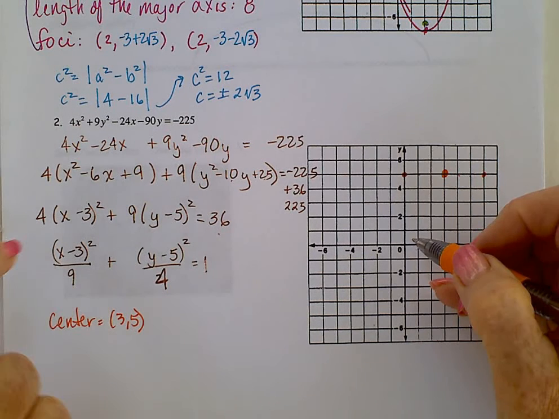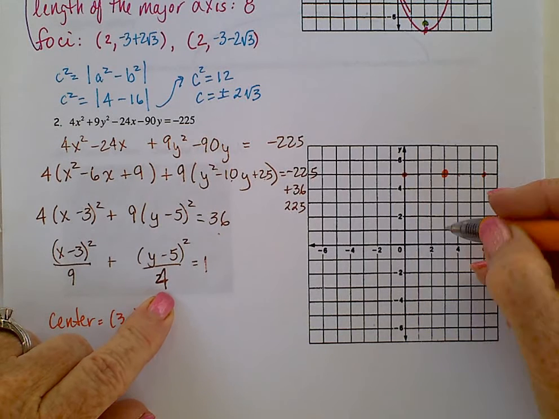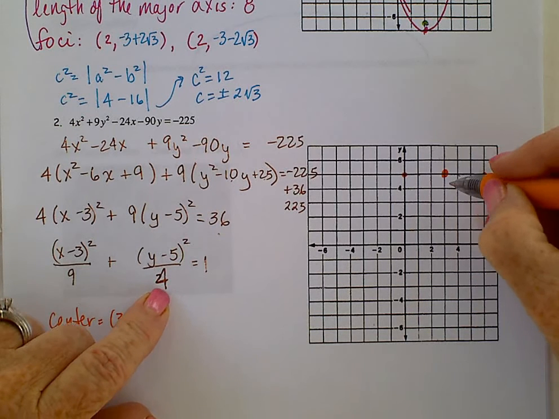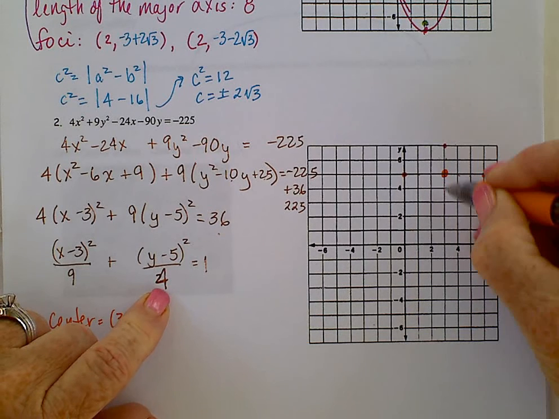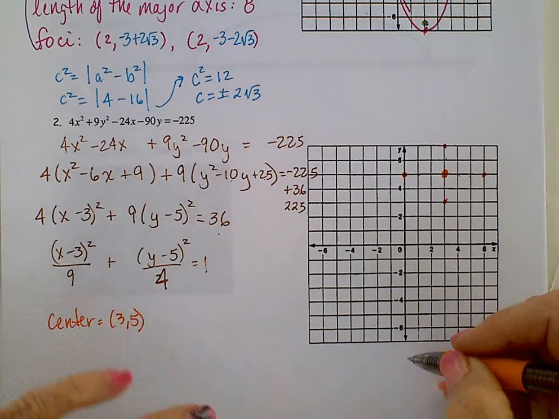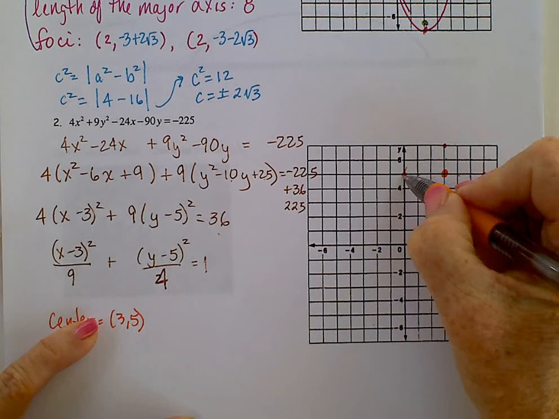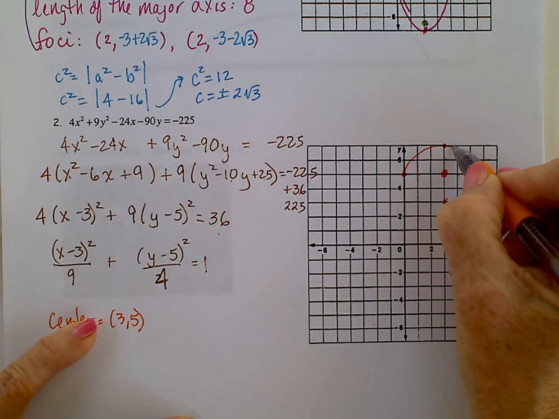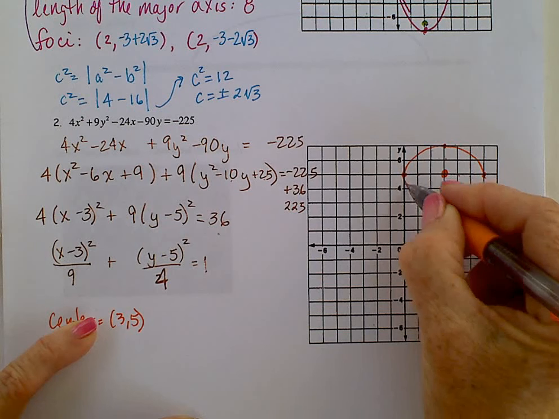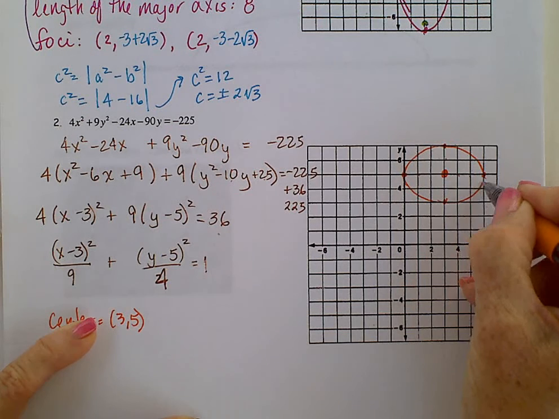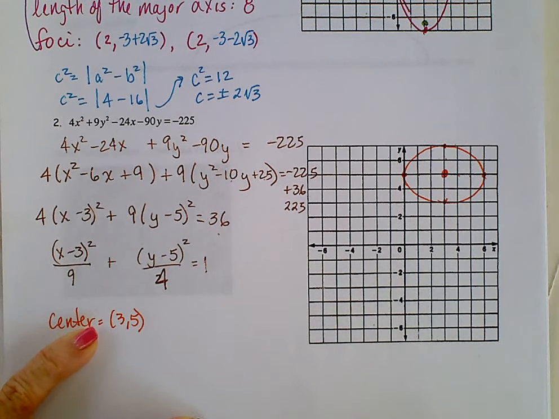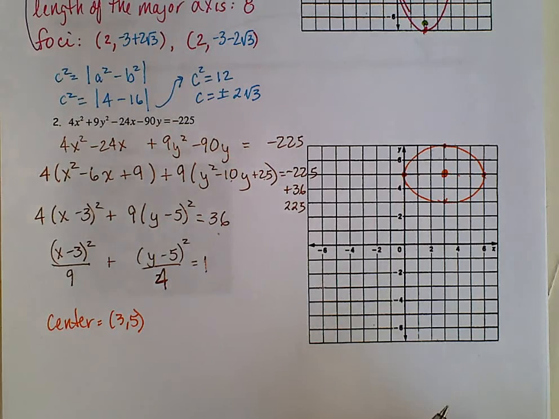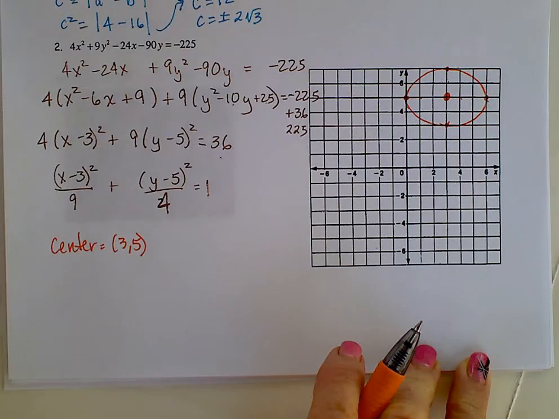In the y direction, the square root of 4 is 2, so up 2, down 2. And we can go ahead and sketch in this ellipse now. And there's the ellipse. Once you have that graph, then all the other information is found from the graph.